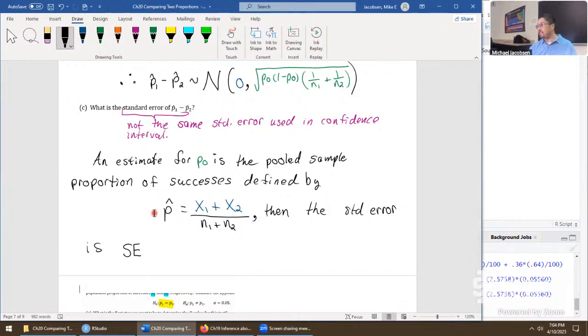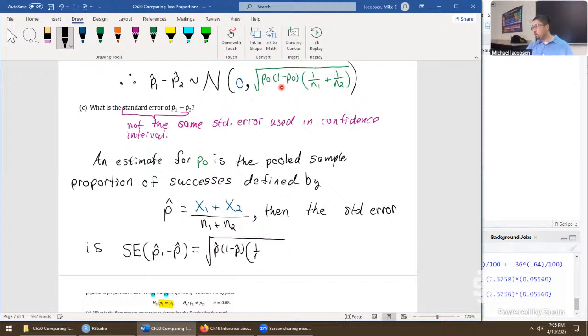That sounds like chapter 19. So I think the best approach is just write in standard error, p hat 1 minus p hat 2. We have to know this is only purely in the context of hypothesis testing. It's going to become square root of p hat right here estimates p naught, the pooled proportion of successes. So p hat would go here. 1 minus p hat goes here.